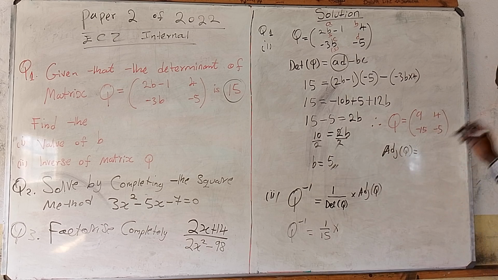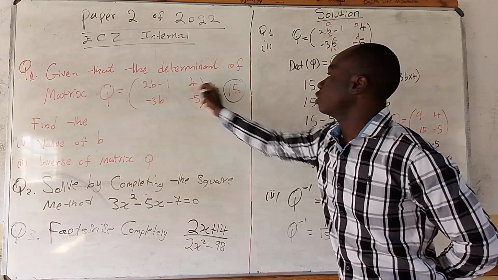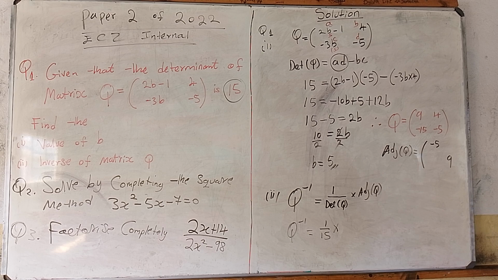So for the adjoint matrix of Q, you swap the major diagonal. So we have negative 5 and 9. Then your minor diagonal you multiply by negative 1. So you multiply negative 15 by negative 1, you are going to get positive 15. Here you are going to get negative 4. So this is your adjoint matrix.